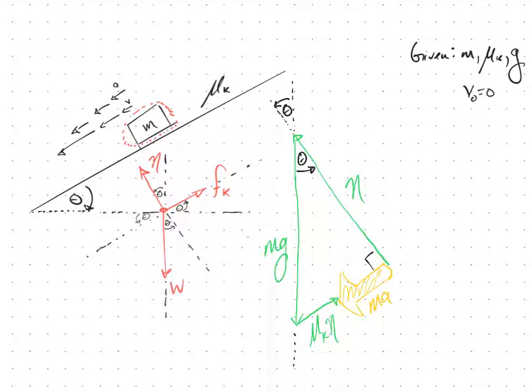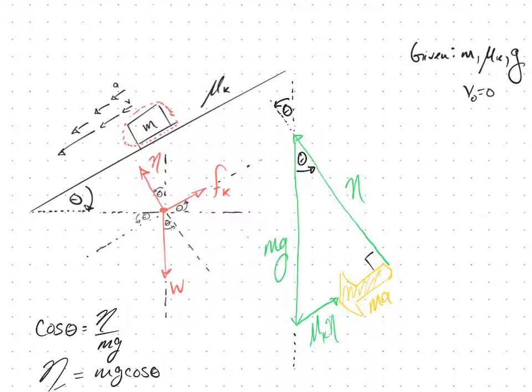And at this point, I'll just use sine and cosine. Cosine theta is going to be the easier one in this case. Cosine is normal over mg, right? And so that means normal is going to be mg cosine theta.